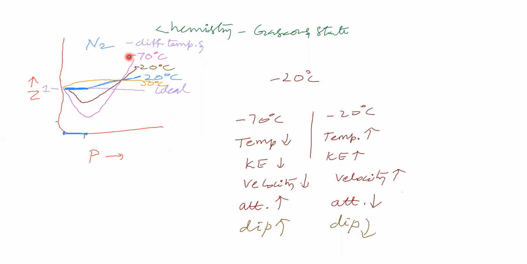Now let us see another point. We will go for a graph of Z versus P. For ideal gas we have drawn the graph.